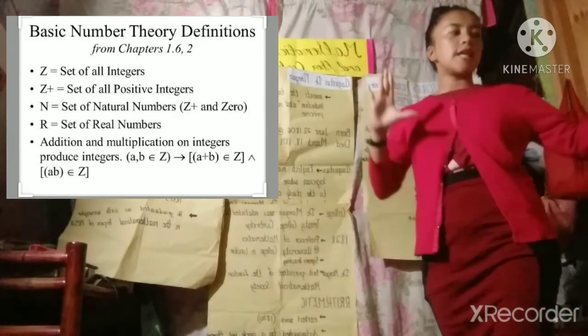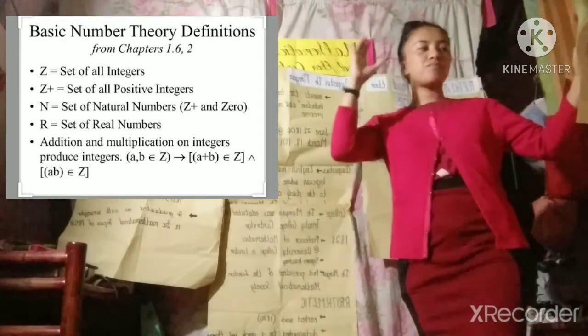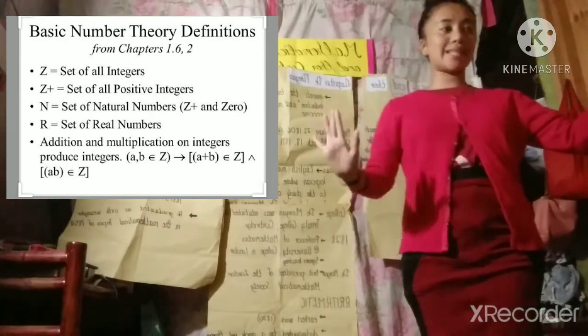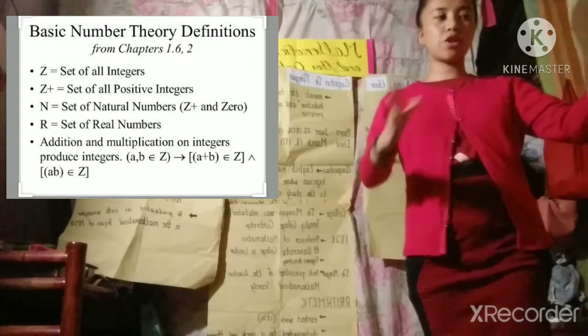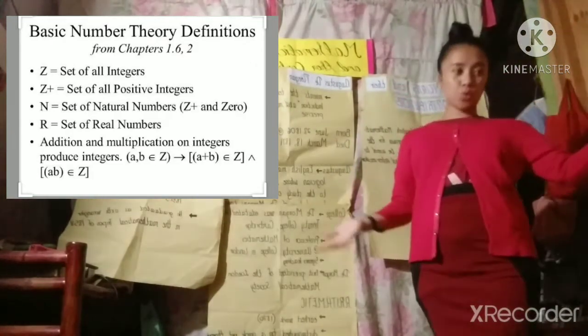So, the story of Gauss: he added the paired values, noticing that the sums were all the same value.